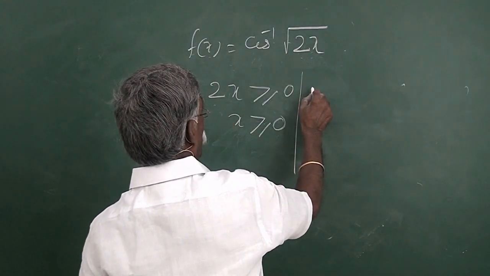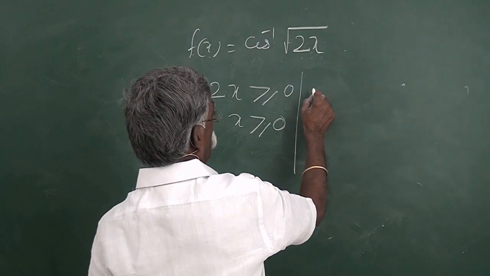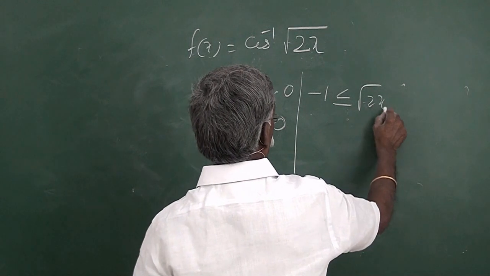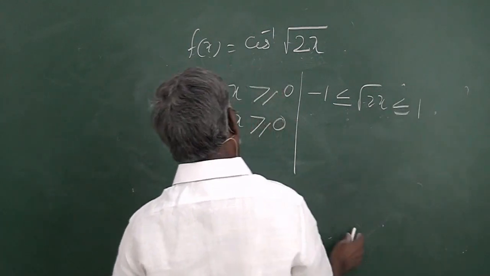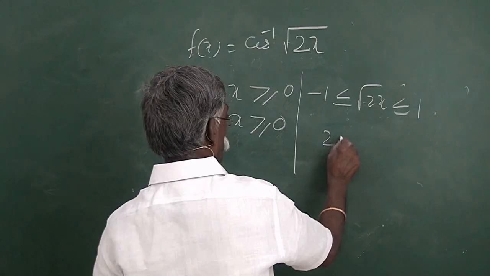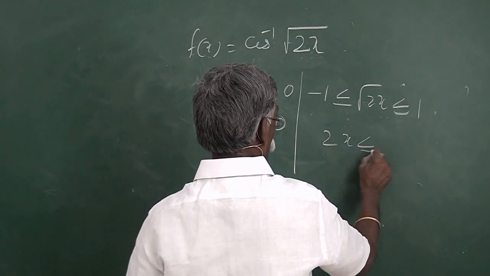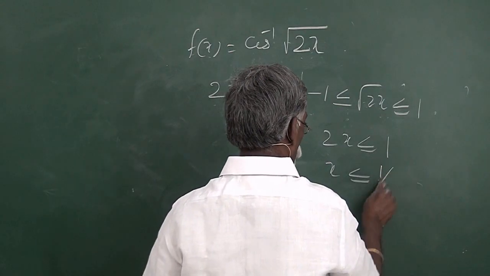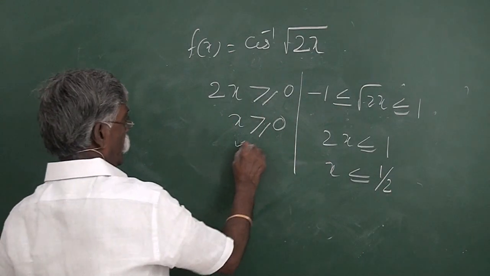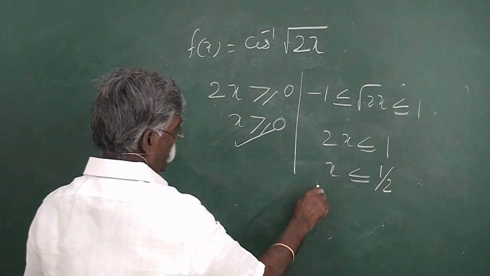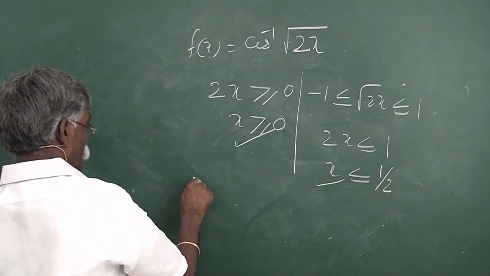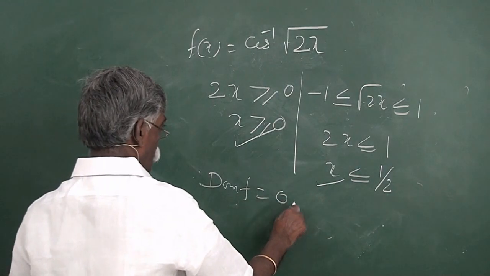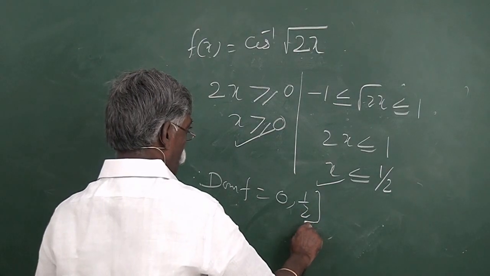And since the domain of cos inverse is minus 1 less than or equal to root 2x less than or equal to 1, if we square, 2x is less than or equal to 1, therefore x is less than or equal to 1 by 2. Here x is greater than or equal to 0 and here x is less than or equal to 1 by 2. Therefore, domain f is equal to 0, 1 by 2.